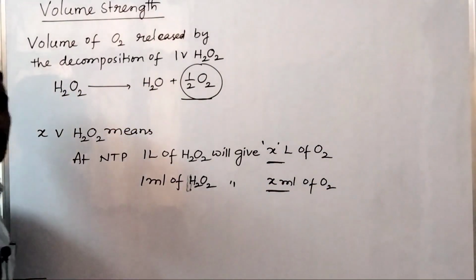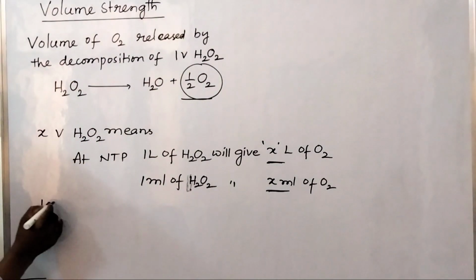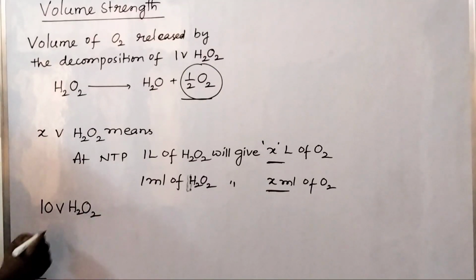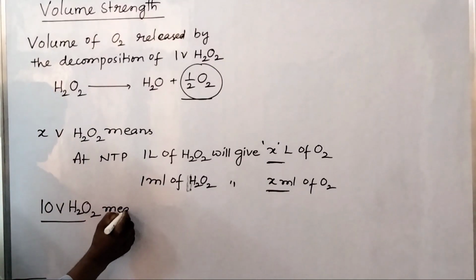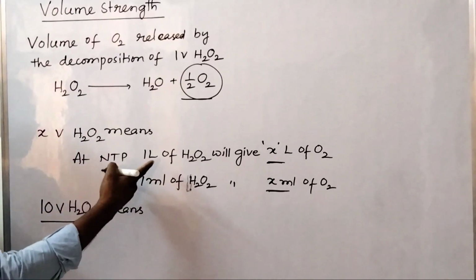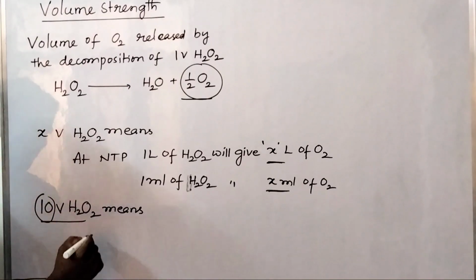So this is the simple meaning of volume strength. For example, what does 10 volume H2O2 mean? It means at NTP, 1 liter of hydrogen peroxide will give 10 liters of oxygen.